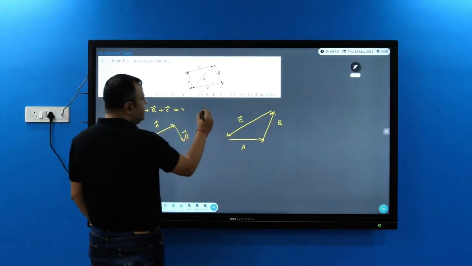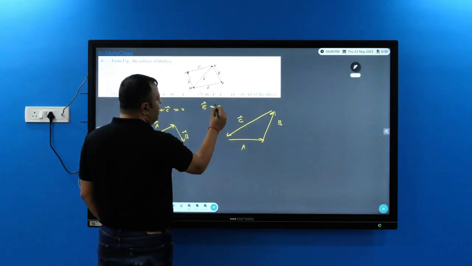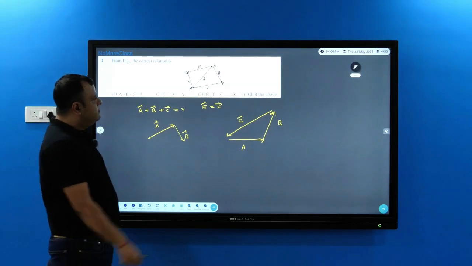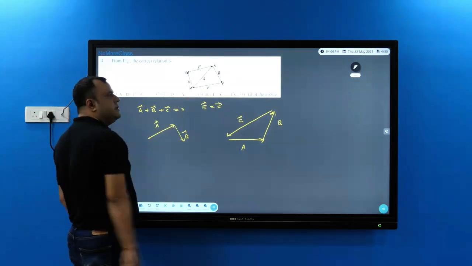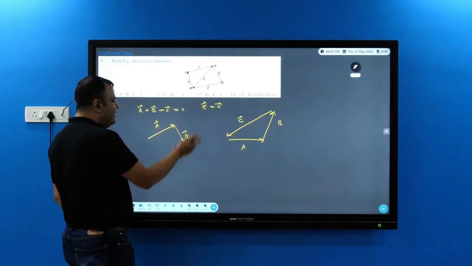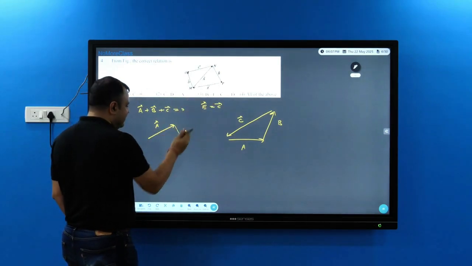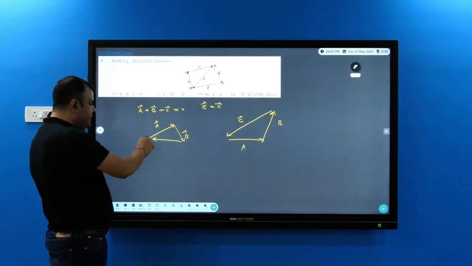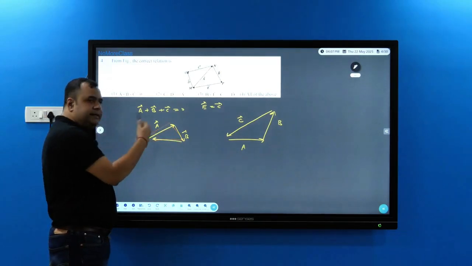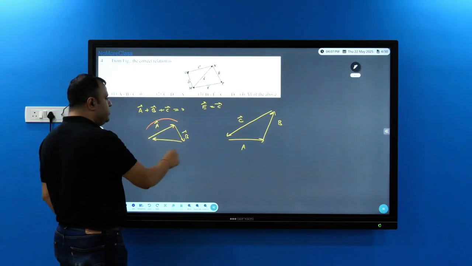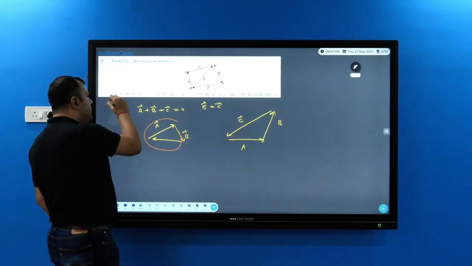From the diagram, you can always say that vector E is equal to vector C. Same length, same direction. So in place of C, I can write E. And E is this. As you can see, A, B and C ultimately end at the same point. So that is going to be 0. So this option is a correct option.